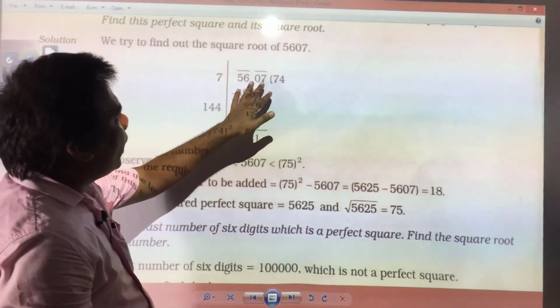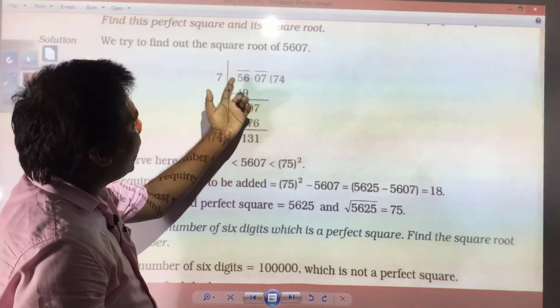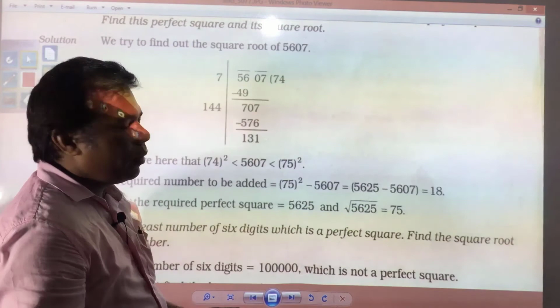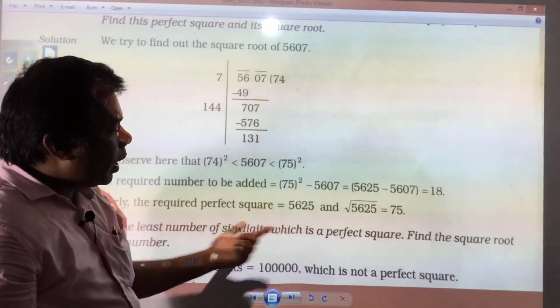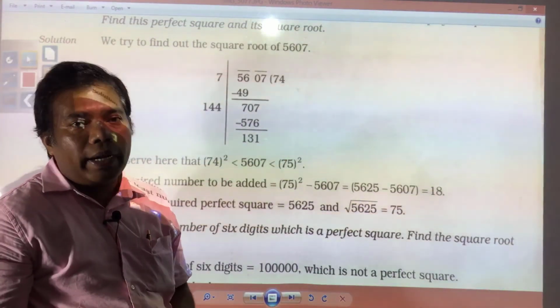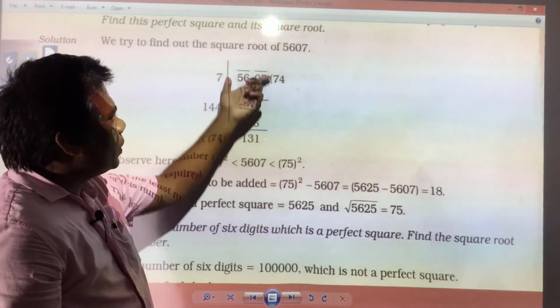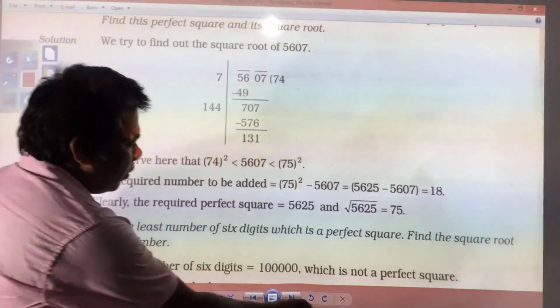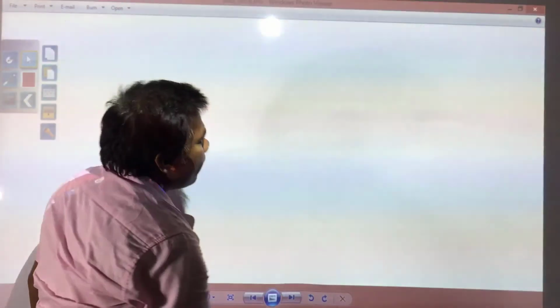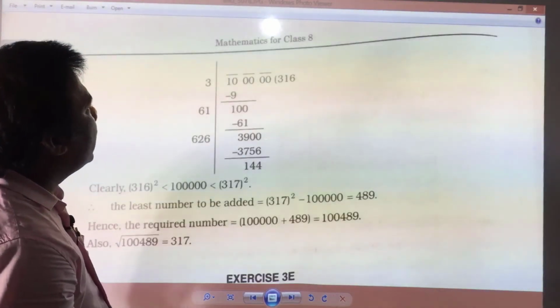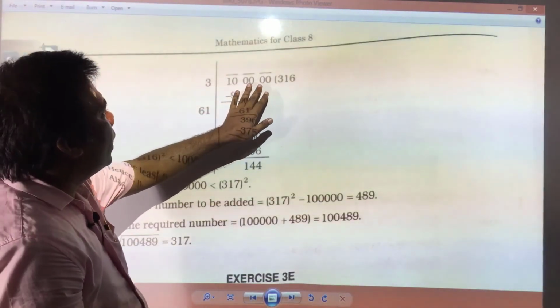Here, as you had to find out what number is required to be added so that we will get a perfect square, in 1 lakh also find what needs to be added so that you get a perfect square. The same method is required to be followed. Here you see 1 lakh has been written.